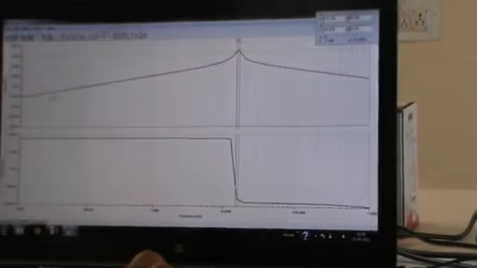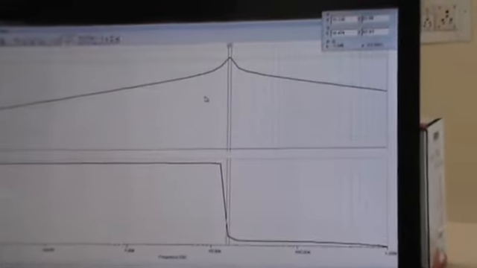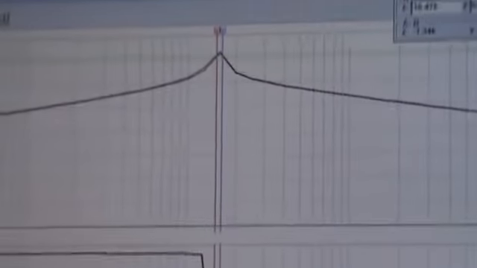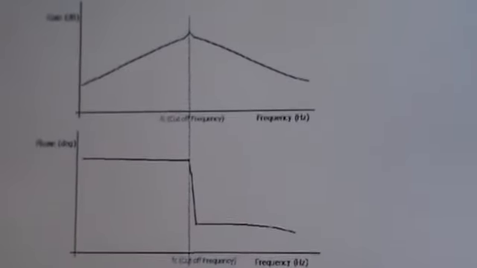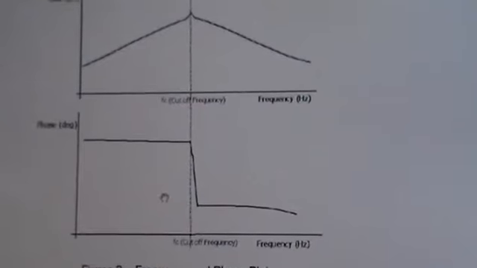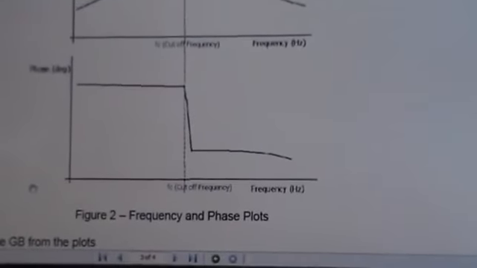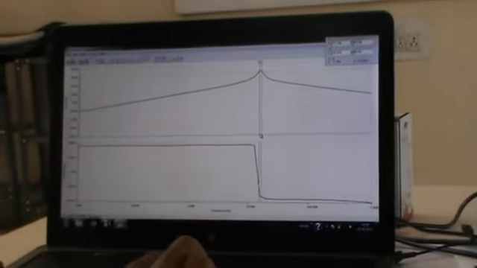Now this one is the frequency response and the below one is the phase response. So the frequency and the phase response match as given by the problem statement as you can see here. This is the frequency response and here is the phase response, and it is exactly identical to what we get on the simulation screen.